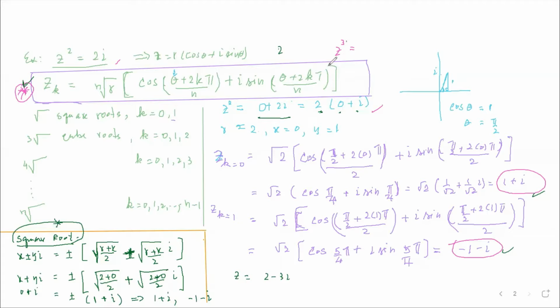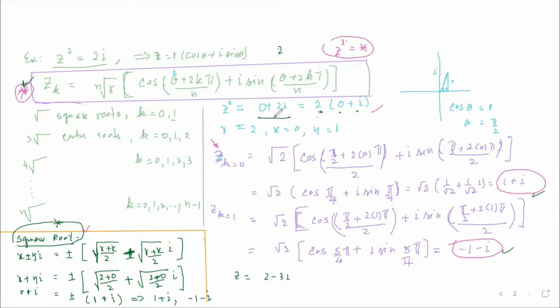Then if you use the formula, you use the cube root here. You start with k equal to 0 and go on, k equal to 1, k equal to 2, do the same way as before, and then simplify and get the answer. But for cube root, you cannot use this formula, again, this is for square root only. If fourth root, do the same way, keep rotating. You find theta first, find r from this one. The idea is similar.